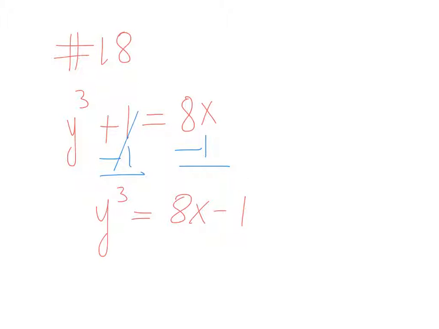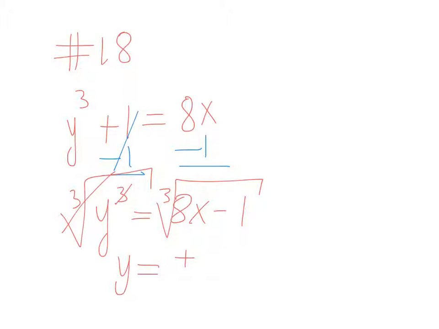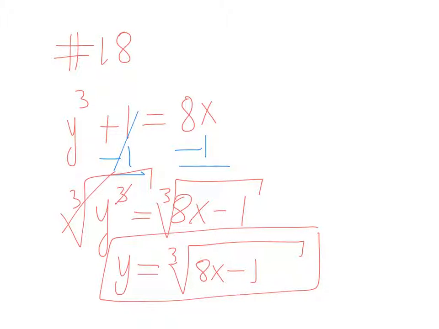Then at that point you want to get rid of the cube, so you take the cube root. And with the cube root, you don't have to put plus minus. It's only with the even numbers. So the cube root of 8x minus 1 is the answer. And that's the answer.